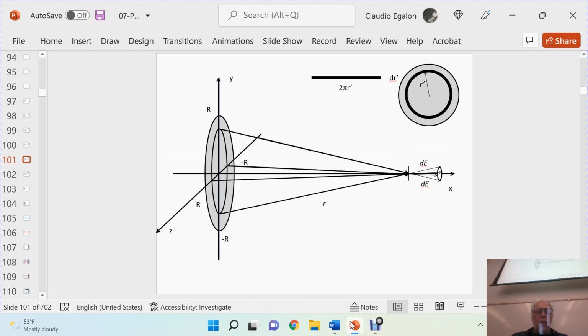Let's go back to the drawing here. Here's the x, and this is the r prime from the center to the position of the ring. Let me see if I can do another drawing for you to understand. That's one infinitesimal ring. The next infinitesimal ring is going to be this one here.